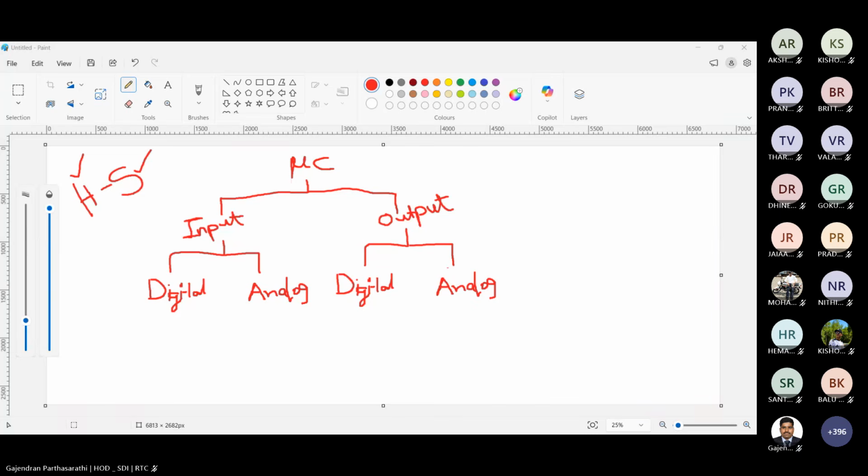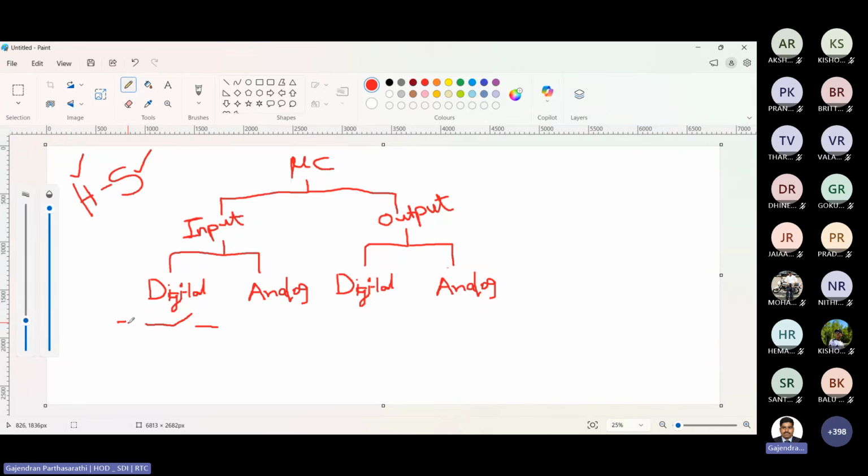Then digital push button, button plus LED. Don't mix the output first. We are speaking about only the inputs. As your friend said, a simple digital input, if you consider, is a simple switch.